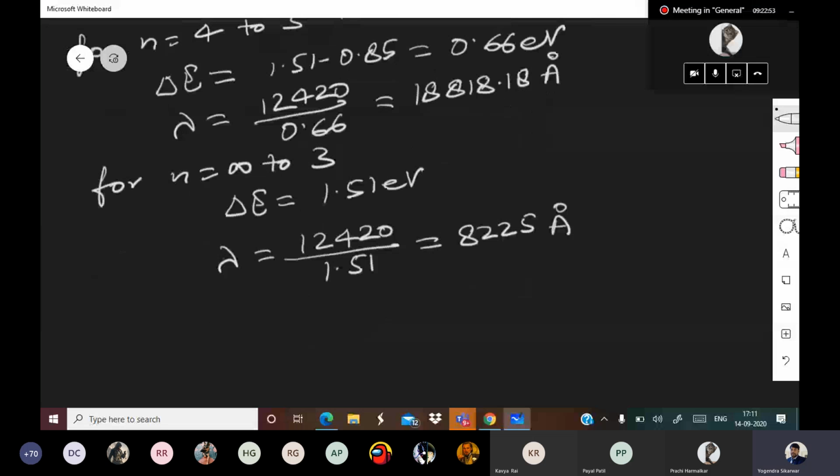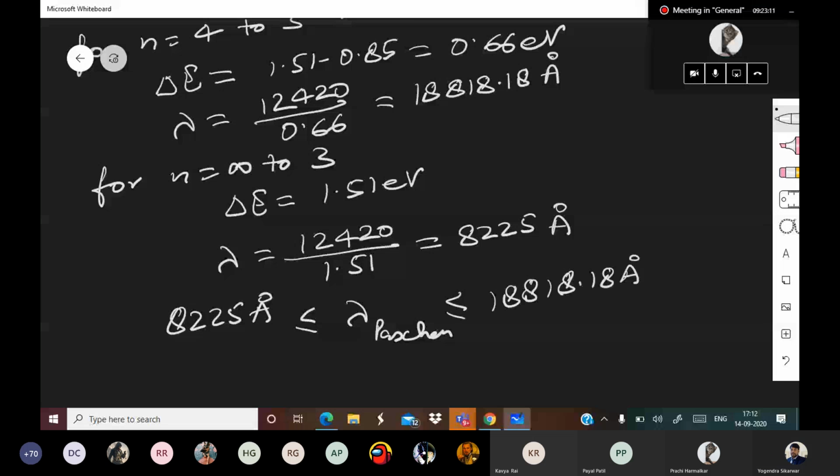So pay attention. Lambda of Paschen is from 8225 angstrom to 18818.18 angstrom. So this is lambda.